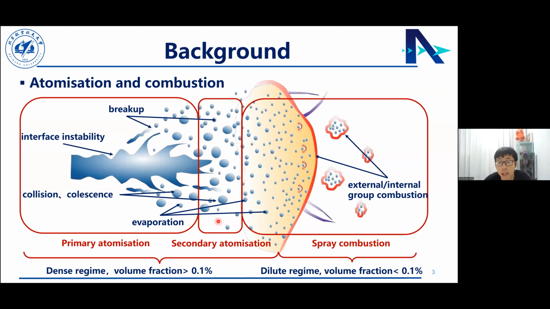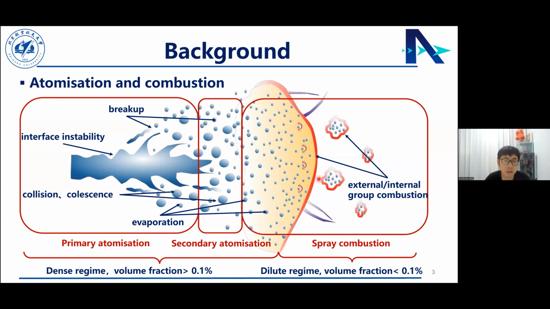And in the consequent stage, the evaporation and combustion will dominate. In this process, we will first see the external and internal group combustion. And in practical applications, we will seldom see single droplet combustion. And in these three stages, another separation regime is that we can define the dense regime and the dilute regime.